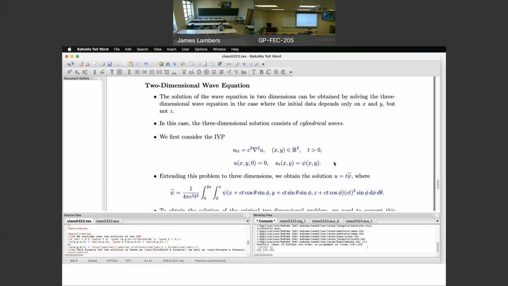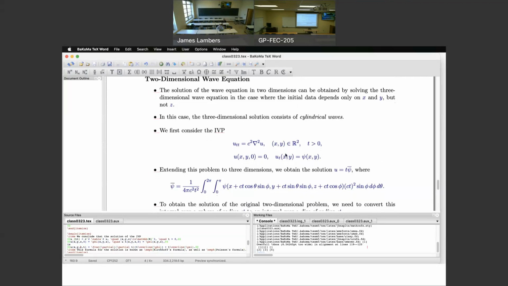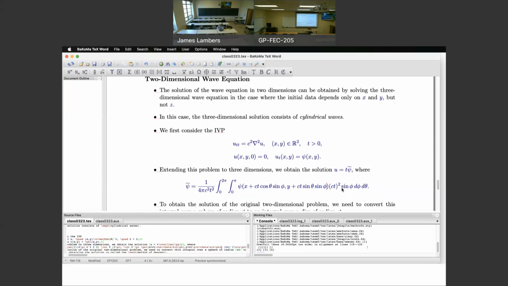So I can use the 3-dimensional solution formula that would give me this. It's just that this part is irrelevant because phi is only a function of 2 variables. So in fact, I could just delete this right now.